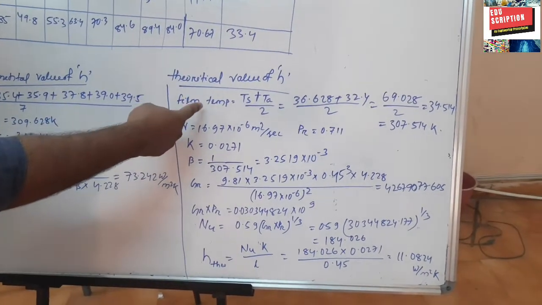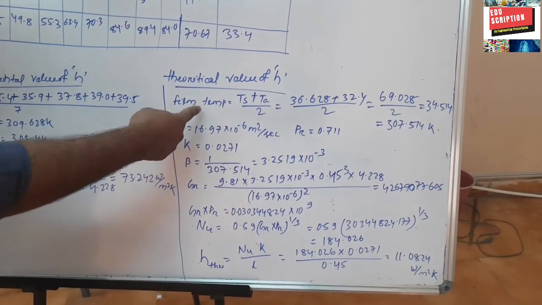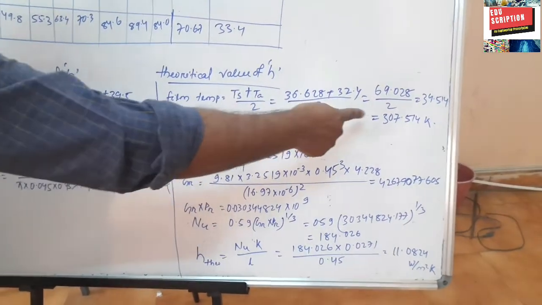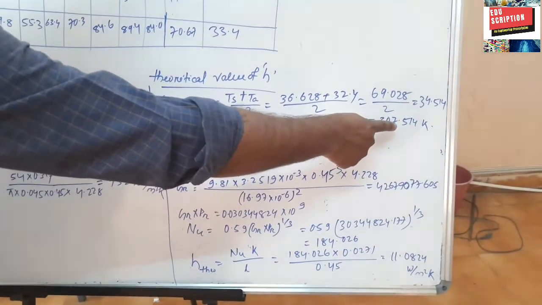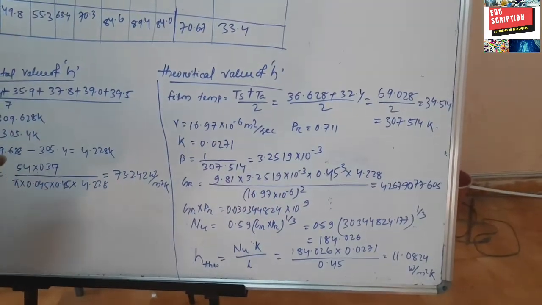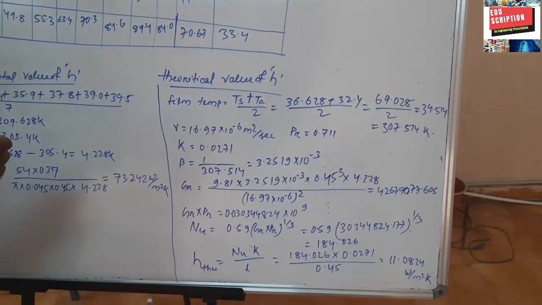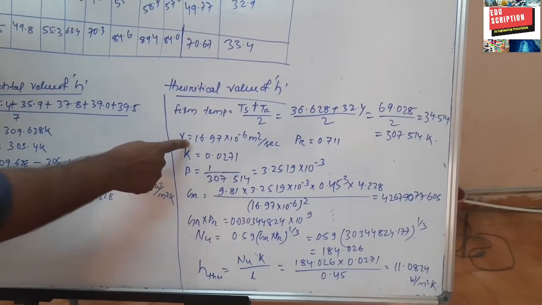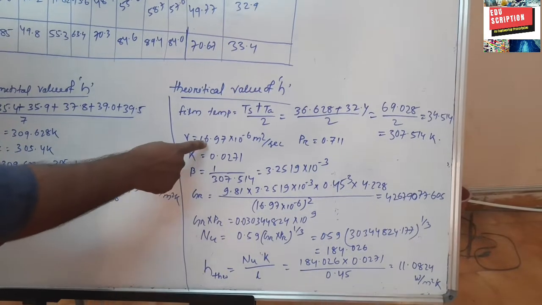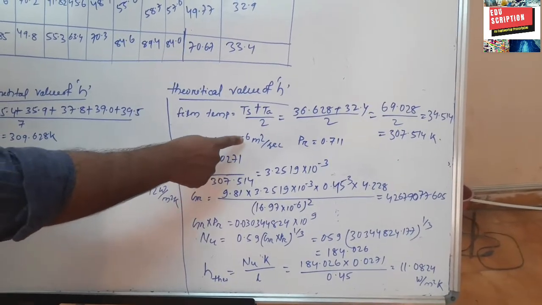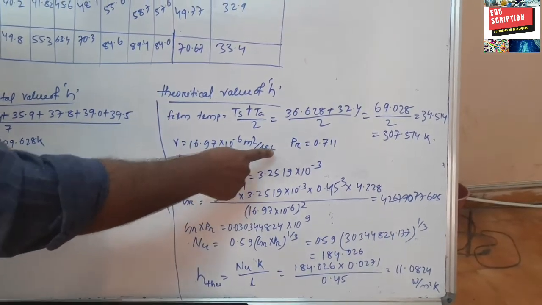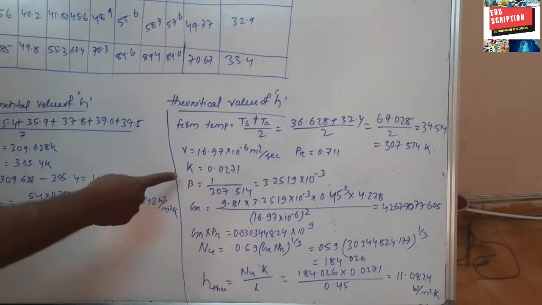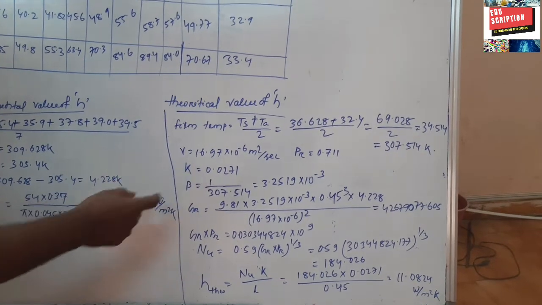Now to find the theoretical value, film temperature is equal to (Ts plus Ta) divided by 2, that is 307.514 Kelvin. Considering the different air characteristics data, the kinematic viscosity is equal to 16.97 into 10 to the power minus 6 meter square per second, Prandtl number is equal to 0.711, and the thermal conductivity is equal to 0.271.